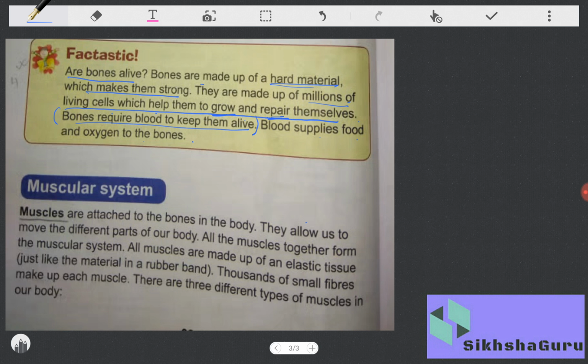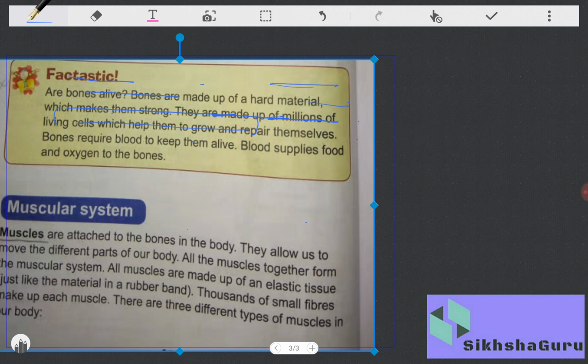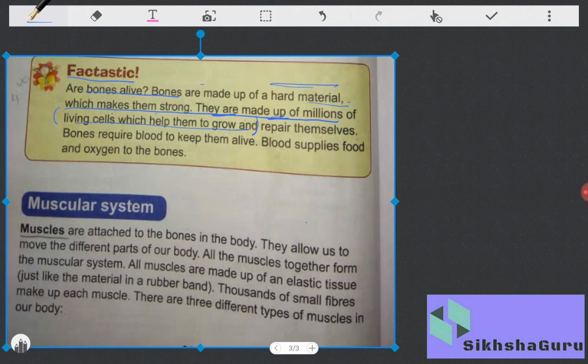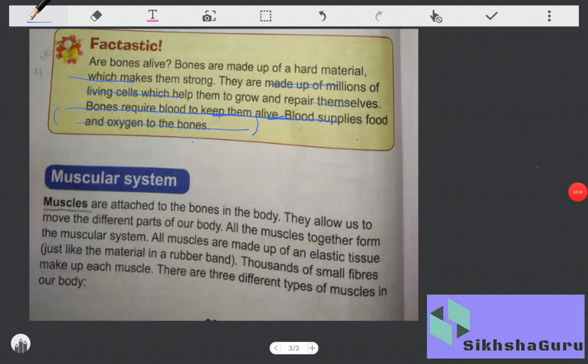Now the muscular system. Muscles are attached to the bones in the body. Suppose this is a bone.